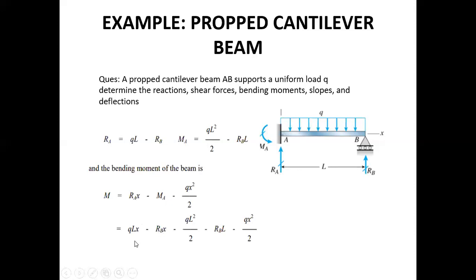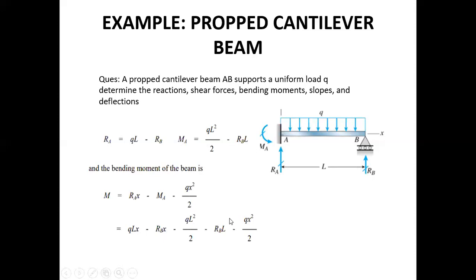Solving this, we can simply put the value of RA from here into this equation, and modify it to be like this. We have substituted the value from this equation into this equation, and we can get the moment equation at any section X to be like this.